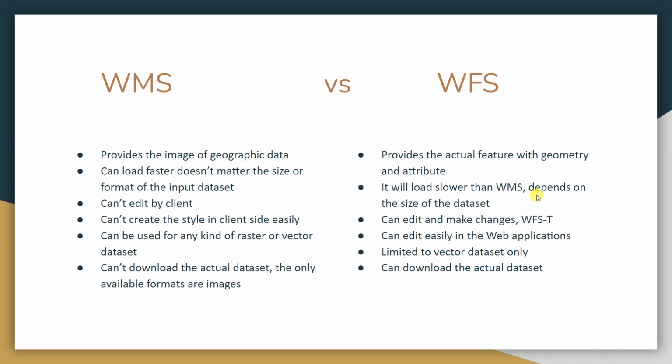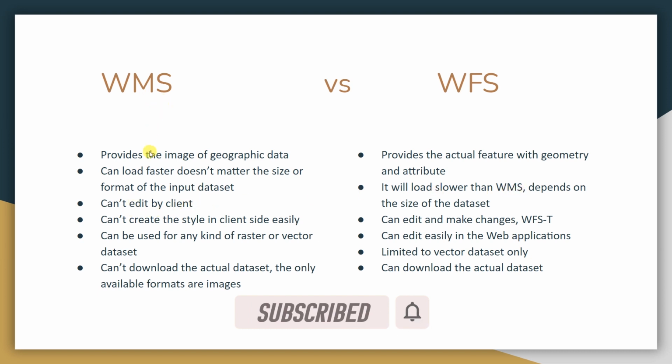That means if we request the server to get more data, then it will take more time, because it's the actual feature with geometry and attribute data. So basically you can treat WMS as a georeferenced image, but WFS is GeoJSON data in case of Leaflet, because we are going to visualize our WFS data in the GeoJSON format.